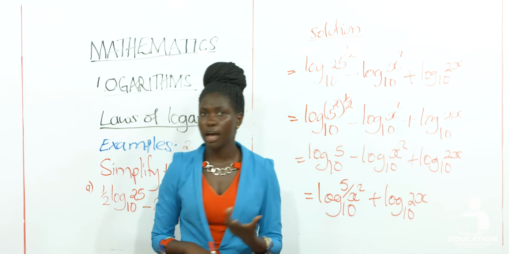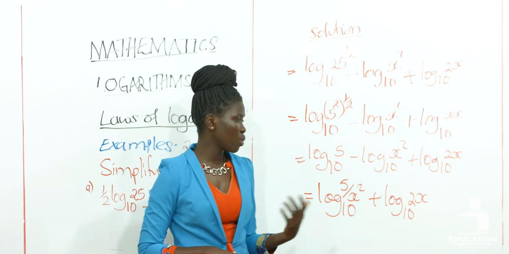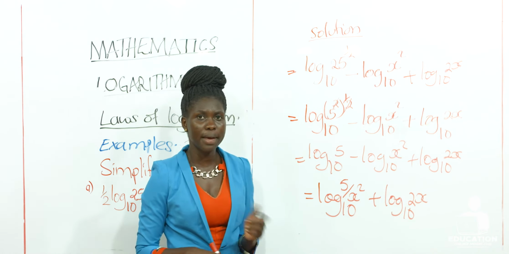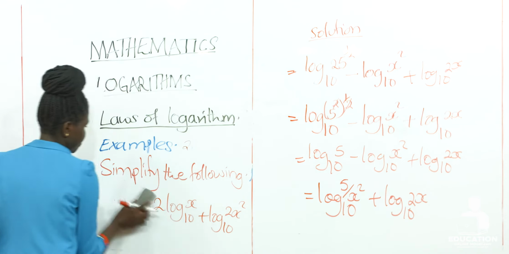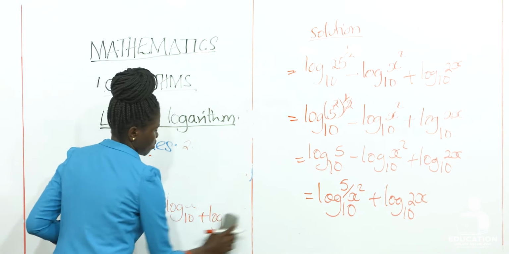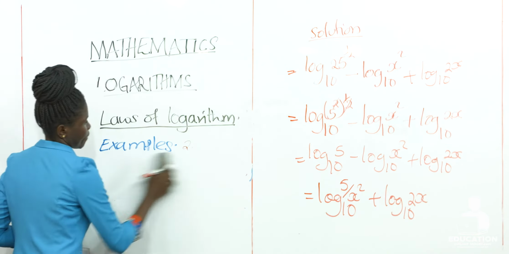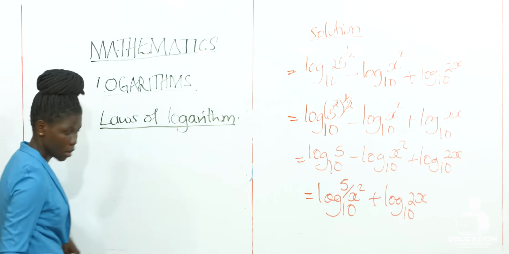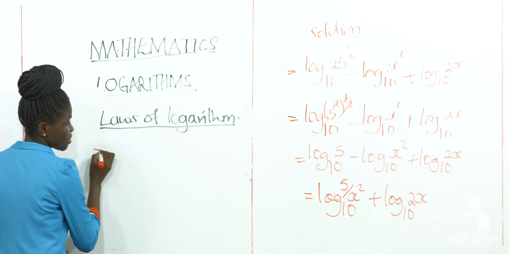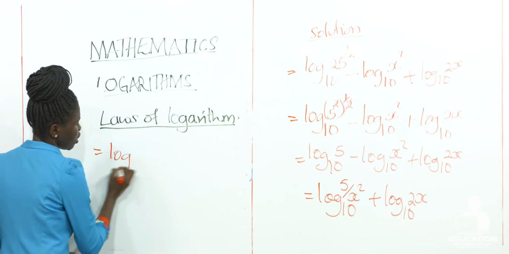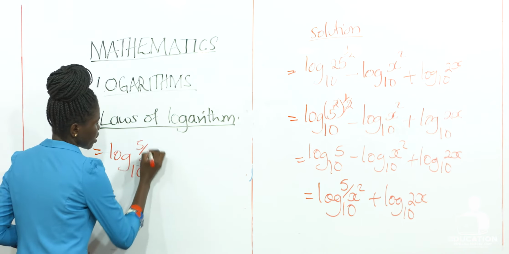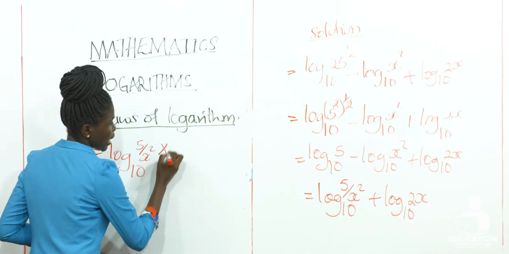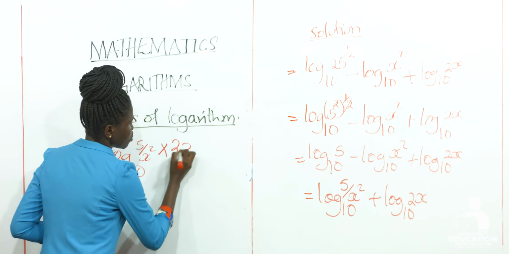From here we're now going to apply another rule which says when adding numbers of the same base, you multiply. So here we're now going to have it as log 10, we are having 5 out of x squared times 2x.